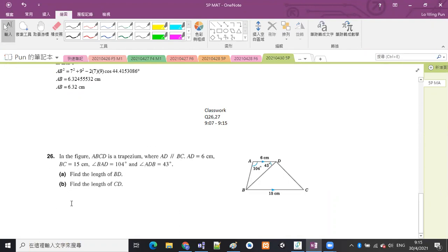So in part A, find the length of BD. BD belongs to triangle ABD or triangle BCD, right? But obviously, in triangle BCD, we just have one piece of information. That is not enough, okay? But in triangle ABD, we have 3 pieces of information, so we can find the other 3.